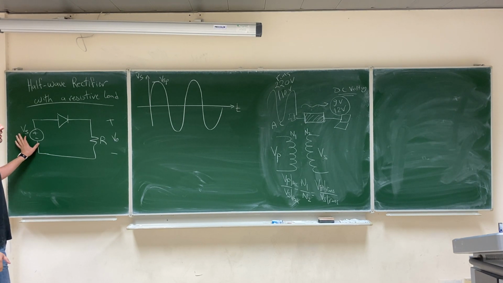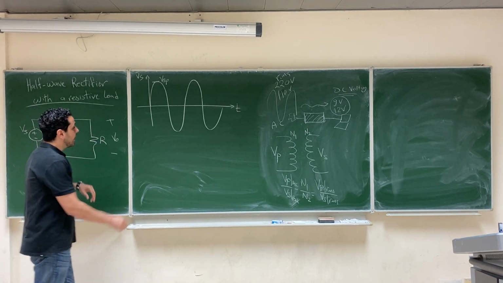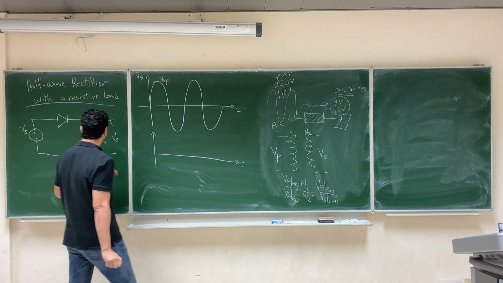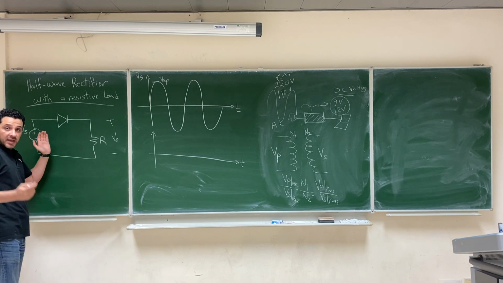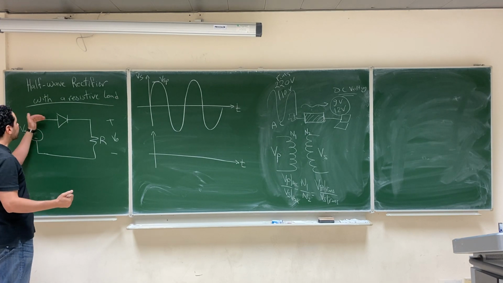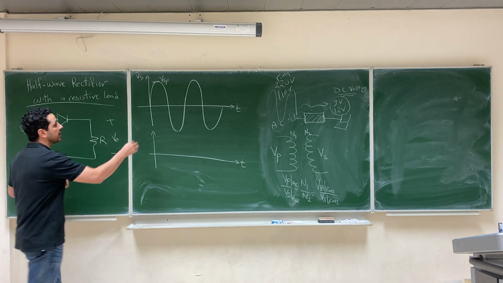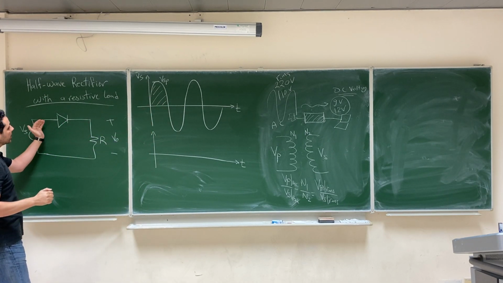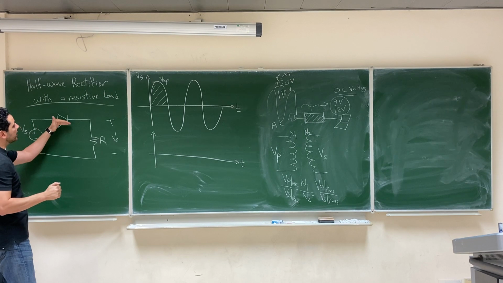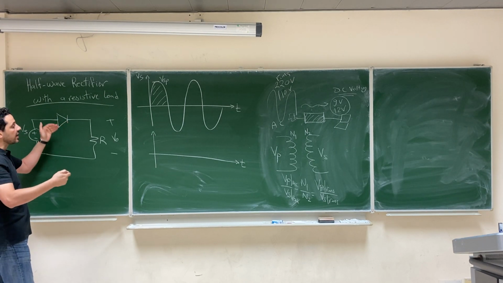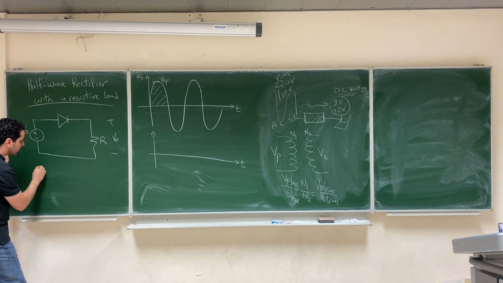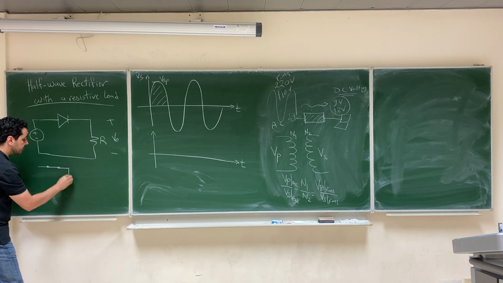Okay? What happens here? How would the output look like? So if Vs, I think we discussed this before, if Vs is positive, in the positive half cycle, the source is trying to push the current in the conventional direction of the diode. So the diode will allow the current to flow. And since it is an ideal diode, it will work as a short circuit.